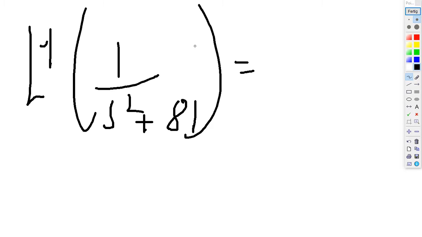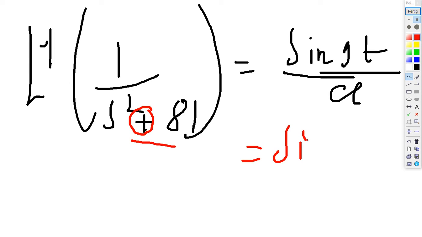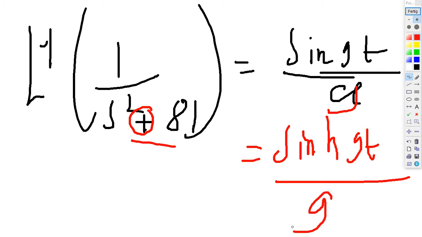There is no s in the numerator, so it is sine, and a is 9. And if you replace the plus sign with a negative sign, you get sinh 9t divided by 9, where this is 9 as a.